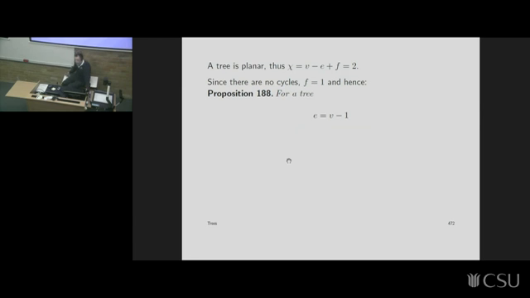Now there's no cycles at all. If you ever draw a tree, there's no little loops anywhere, so there's only one face, just the outside face. So we know that f is 1. By plugging that into the equation, we quickly get that the number of edges is 1 less than the number of vertices. You can say it other ways. There's a very strict condition on the relationship between the number of edges and the number of vertices.